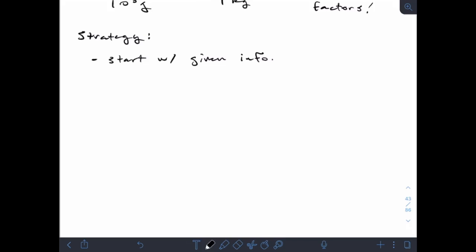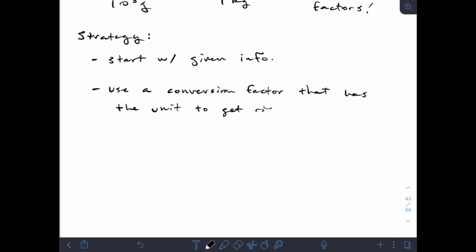We're going to start with the given information, and then we're going to use a conversion factor that has the unit we want to get rid of on the bottom. The easiest way to put this into context is to work a problem.